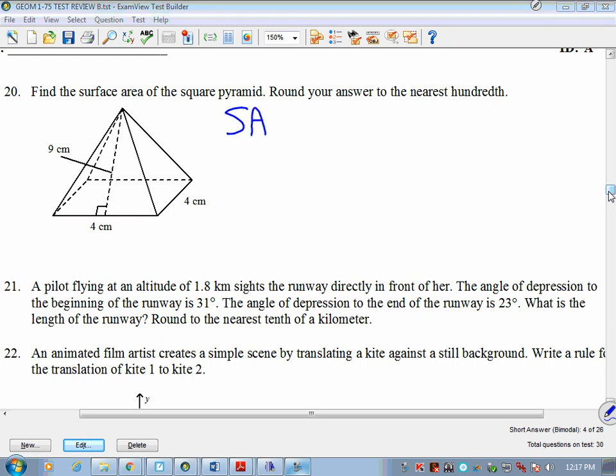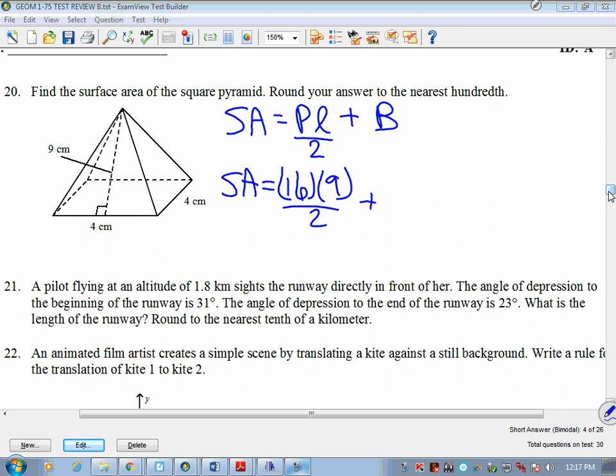Let's write this: perimeter times slant height, divided by 2, plus my base. My perimeter is 16, my slant height is 9, divided by 2, plus the area of my base, which is 4 times 4, which is 16. So 16 times 9 divided by 2 plus 16.